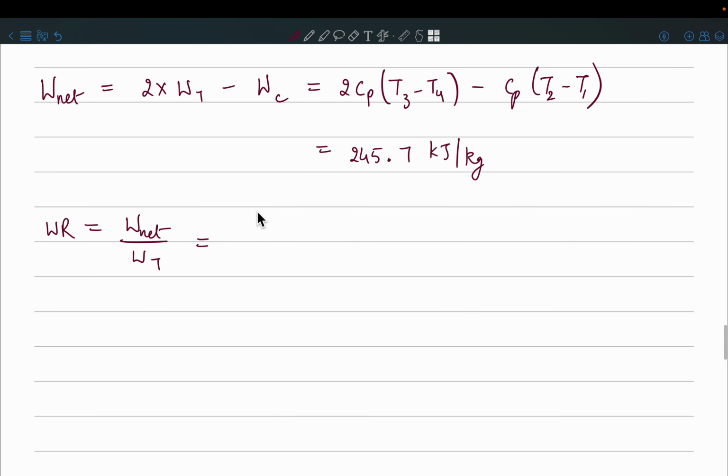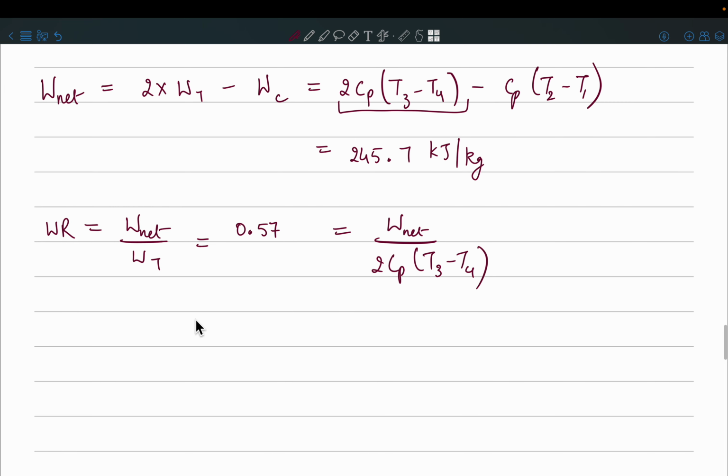Yeah, right, 0.57. Okay. So what did you use in the denominator? You should have used 2 times the turbine work. This is what you will use in the denominator here. Is this clear to everyone?